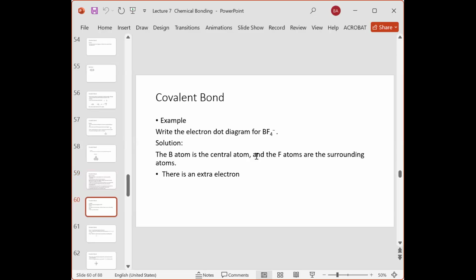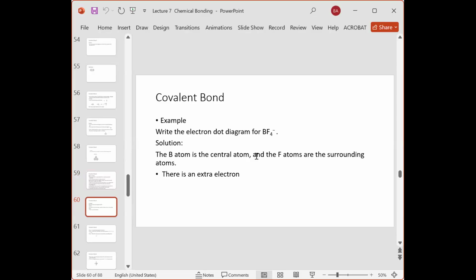Another example says write the electron dot diagram for the BF4 ion, boron and fluorine. Here you see it's a negative ion, an anion. So what has happened? That species has gained an electron.